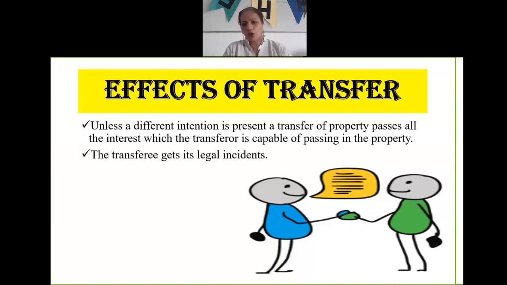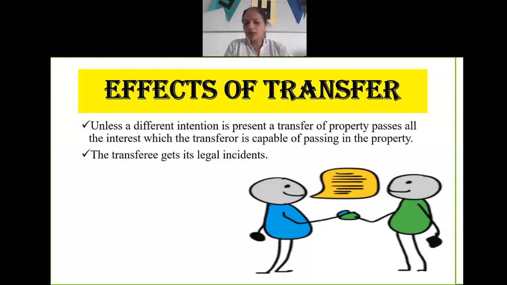But if it is not so, that is, if the whole interest in the property is transferred, then all the incidents attached to that property, which is the subject matter of the transfer, would pass from one person to another person. So here, unless a different intention is present, a transfer of property passes all the interest which the transferor is capable of passing in the property.